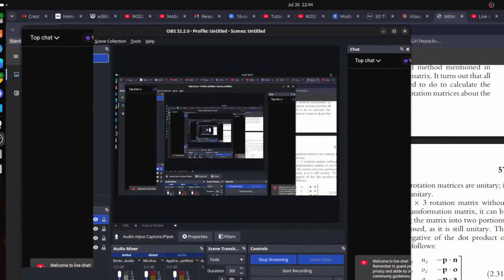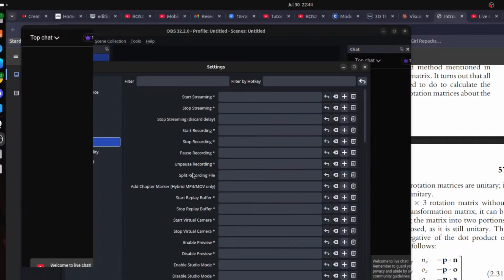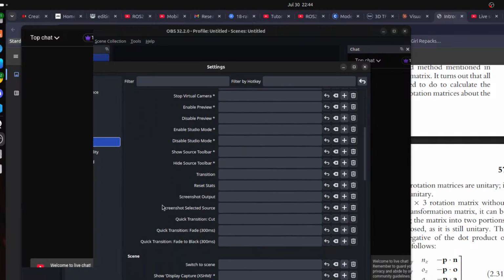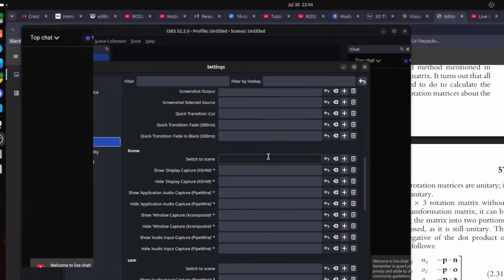Can I set up keybinds for the scene changes? Switch to scene. I guess the co-pilot button, super shift, whatever.